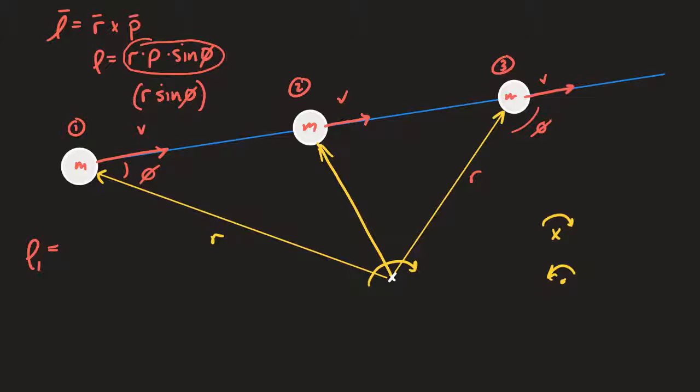So you can say that the sine of phi is equal to the sine of 180 minus phi. That's why we get the same value for this length. You should prove it to yourself if you don't believe me. But it will work.